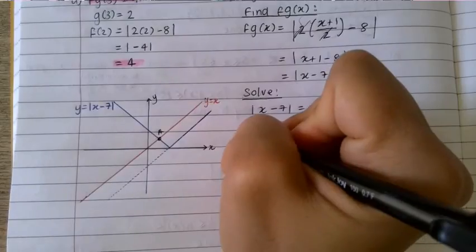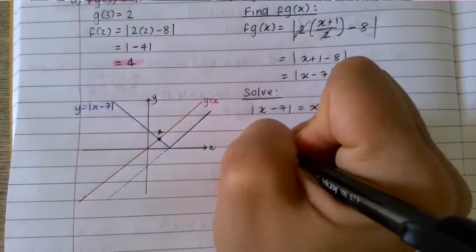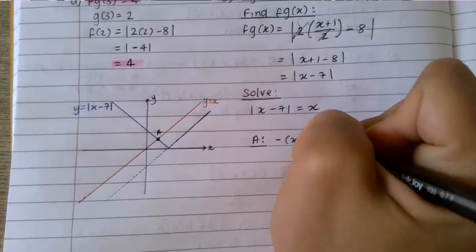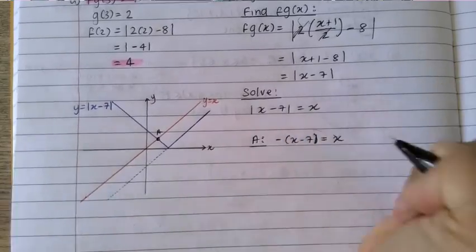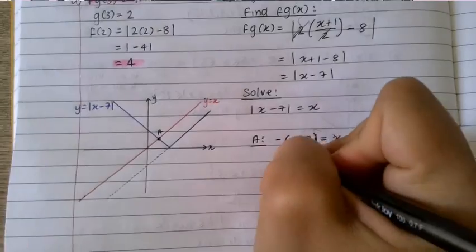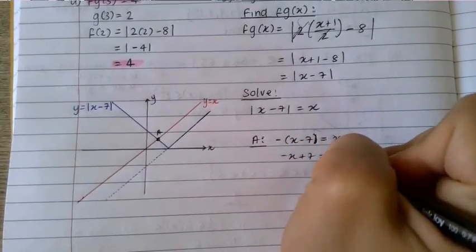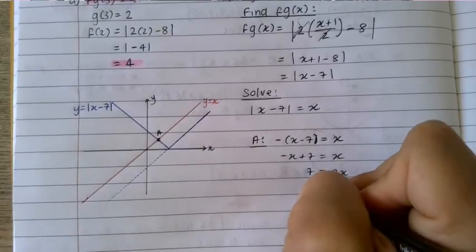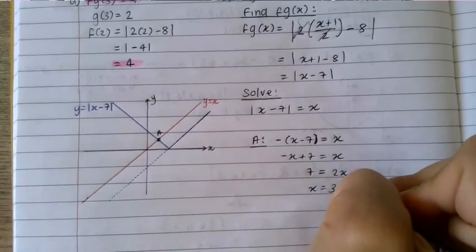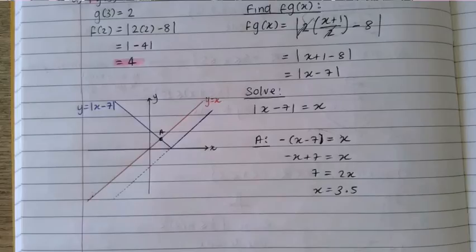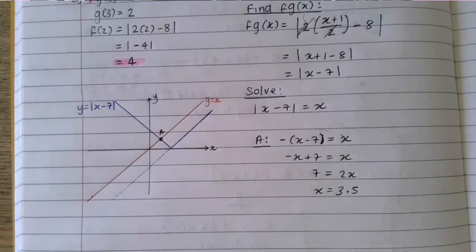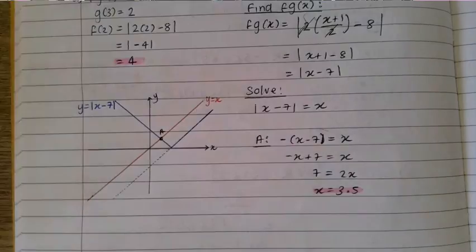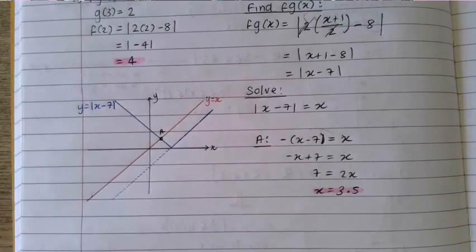So to find it, we have the reflected part of the modulus graph equals x. So that's minus x plus 7 equals x, which is 7 equals 2x. So x equals 3.5 or 7 over 2. And that's it. So you should be okay to carry on with the rest of the exercise now. And yeah, I'll see you next lesson.